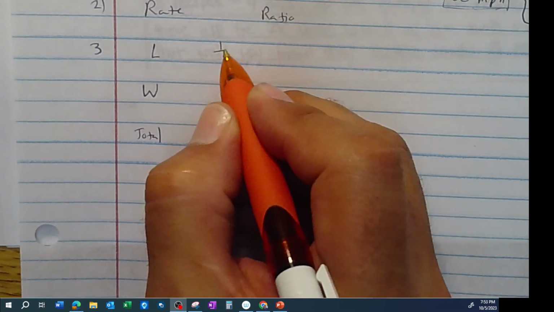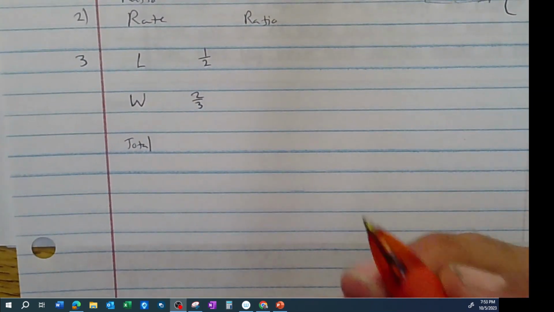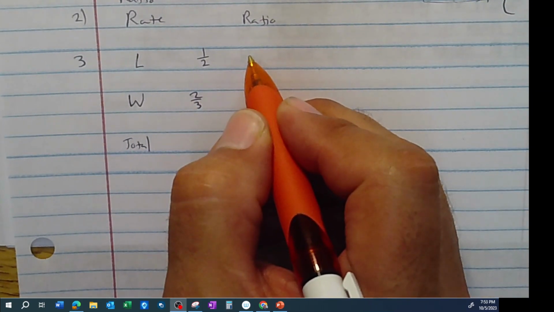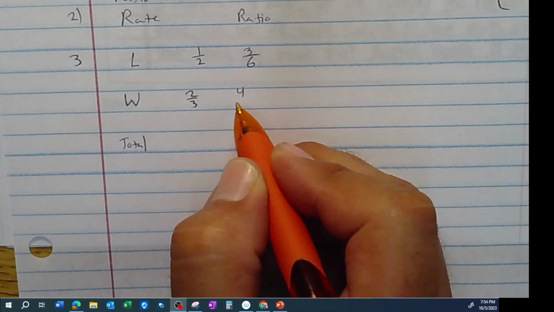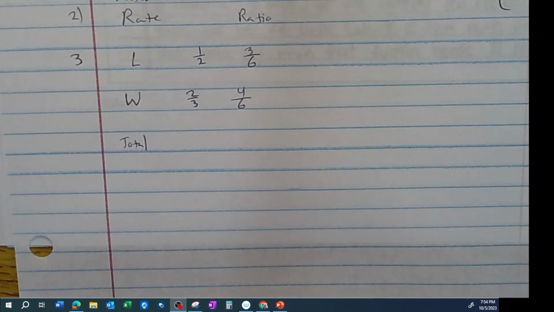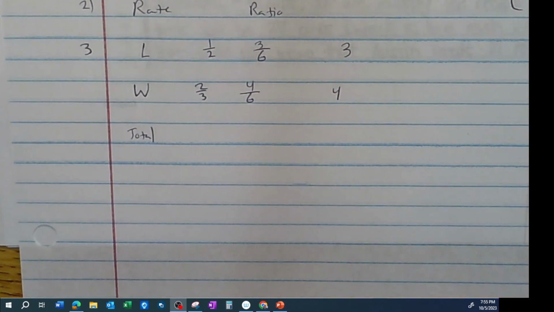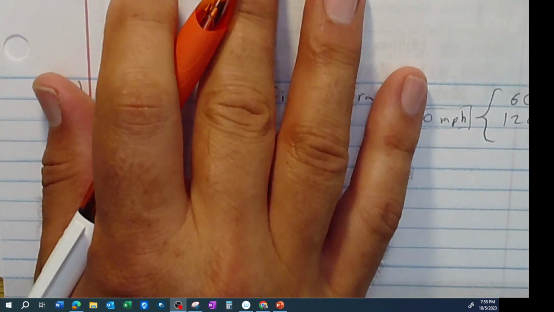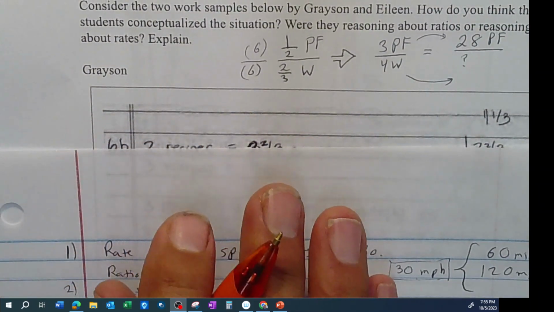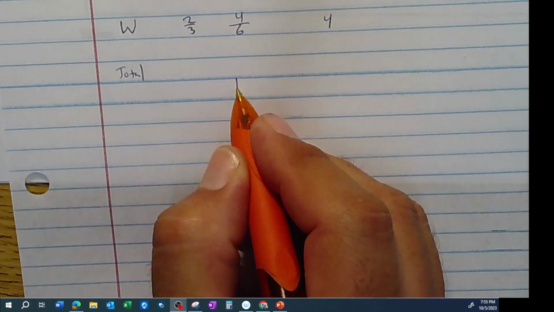So if we use half a cup of Lilikoi, we use 2/3 water, if we use 3/6 and 4/6, and you'll see we get a 3:4 ratio, which is good, and it's the same thing we got looking at it up here before we got that unknown. And then we can take a look at it a different way with a graph.